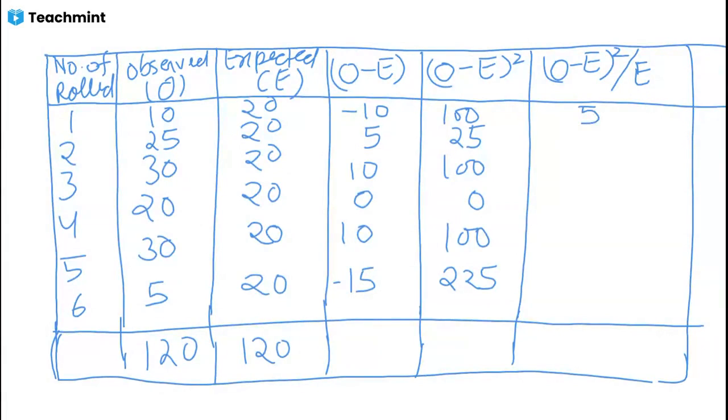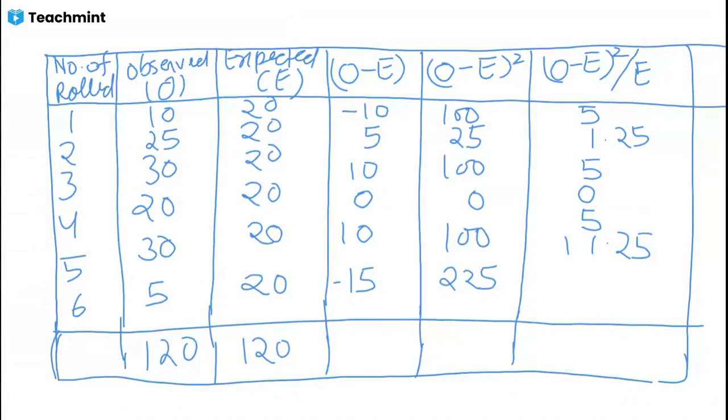And 25 divided by 20 we have 1.25, and 100 divided by 20 again we get 5, and 0 divided by 20 is 0 obviously, and again 5, and 225 divided by 20 we have 11.25, yes.